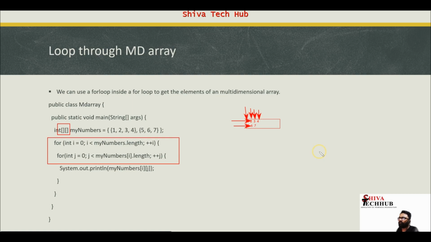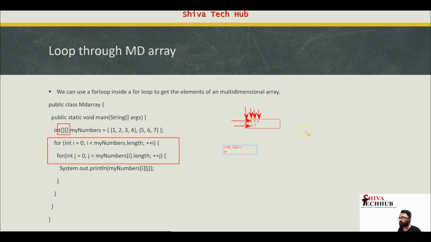Now if you want to iterate through the elements present in that particular array, let us understand this for loop. For i equal to 0, i starts with 0, i less than myNumbers.length. myNumbers.length returns the number of rows, so i is less than 2, i++. This is the first loop.